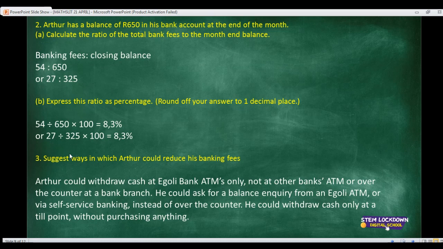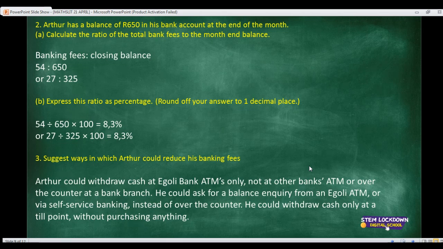Another option here is he could ask for a balance enquiry from an eGoli ATM instead of asking for an enquiry over the counter, or via self-service banking instead of over the counter. So the cheaper options would be getting the bank balance enquiry at the ATM or the self-service banking instead of over the counter. This is what I said again.